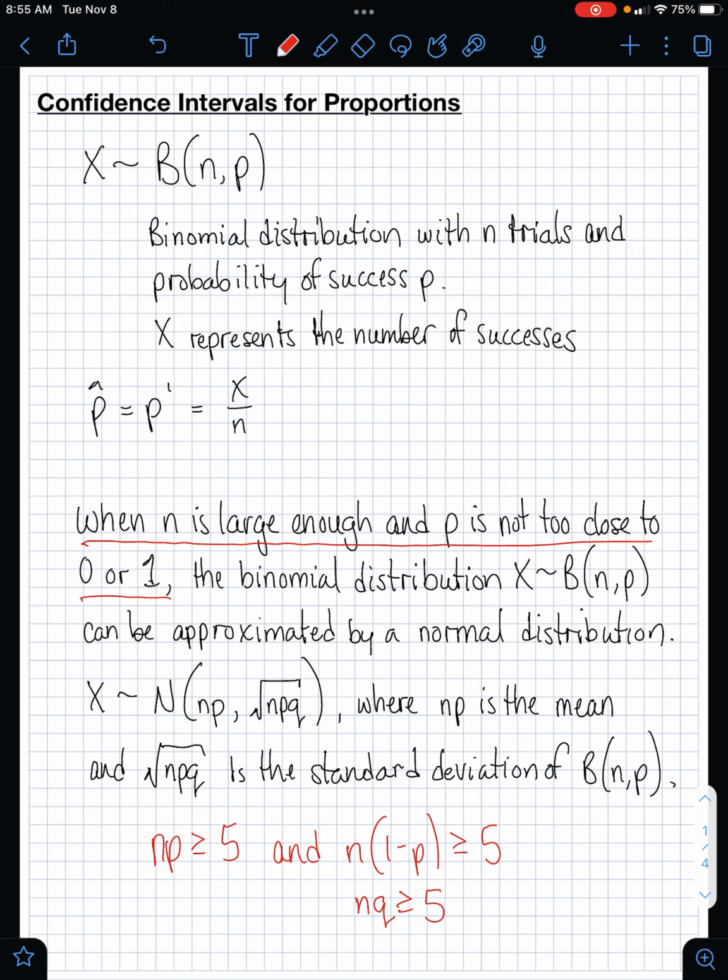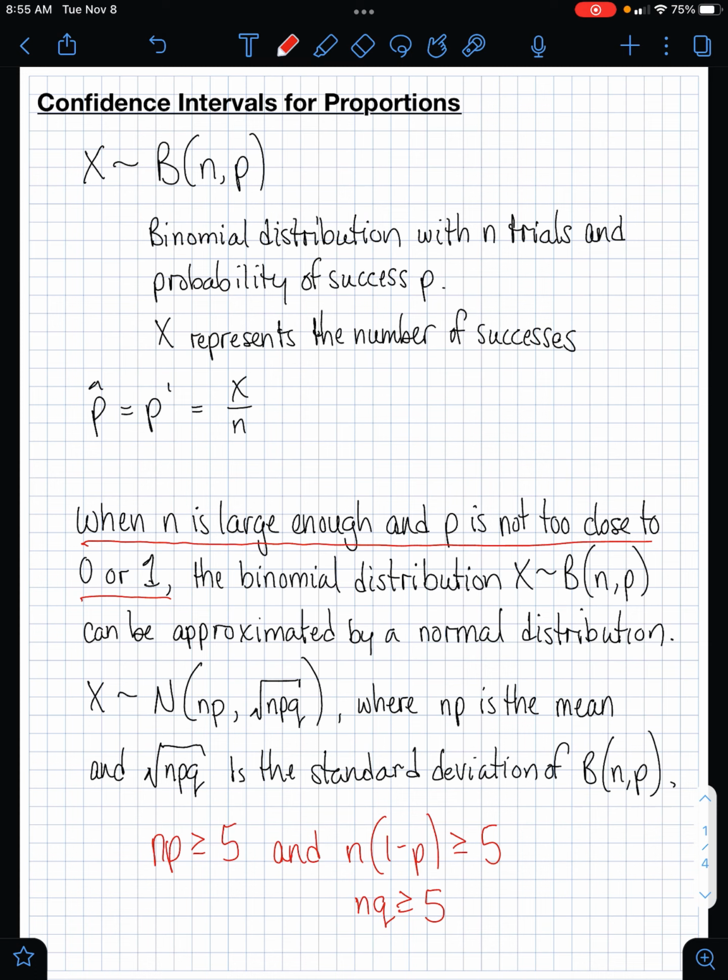Certainly if, say, n was 100, it's a lot easier to make sure n times p is greater than or equal to 5. In fact, if n is 100, p would have to be smaller than 0.05 in order to fail that requirement. Or going the other way, 1 minus p, which is q, that's the probability of failure.